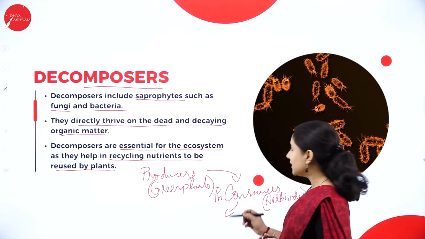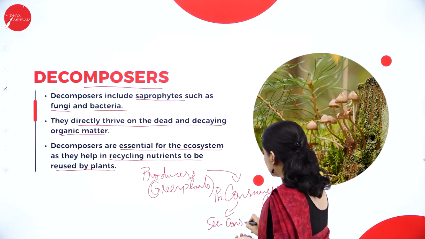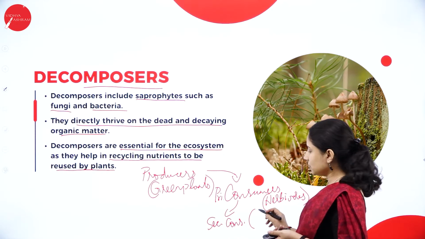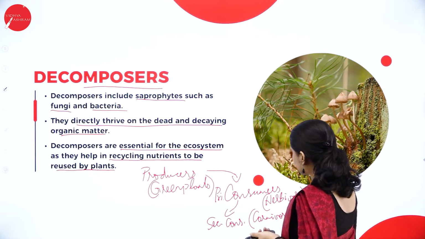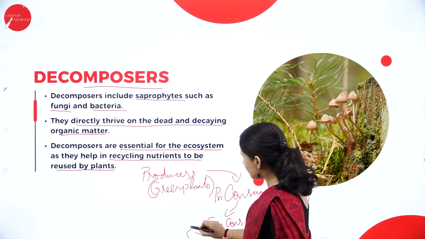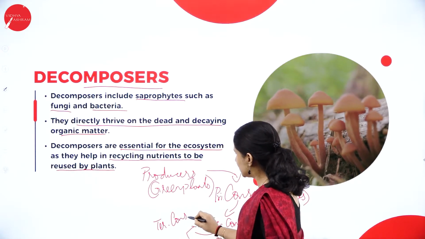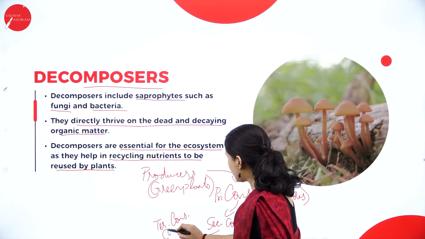Primary consumers will be eaten by the secondary consumers. So these secondary consumers are nothing but the carnivores. The carnivores will be eaten by the tertiary consumers. So the tertiary consumers are nothing but the omnivores.